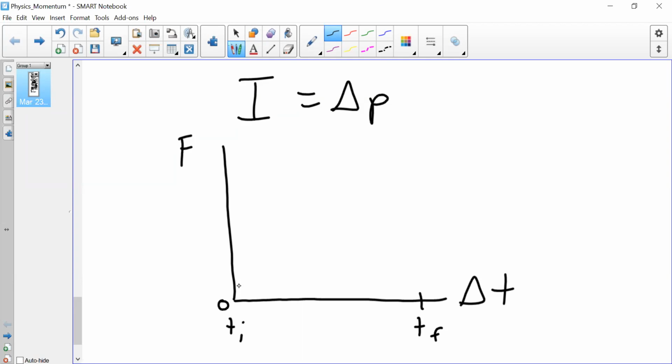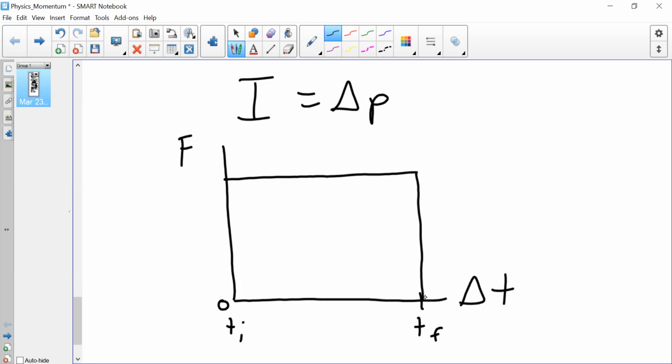The force of that bat is just going to be a constant force, and that constant force goes from time equals 0, the first instant that I hit the ball, up to some final time. Since that force doesn't change, I'm just going to graph it something like this. So the graph is a graph of impulse, force versus time.